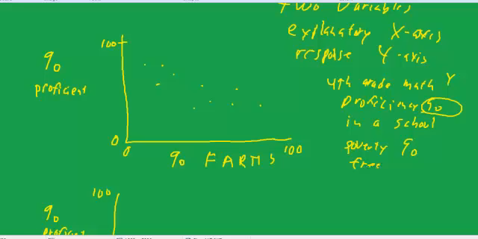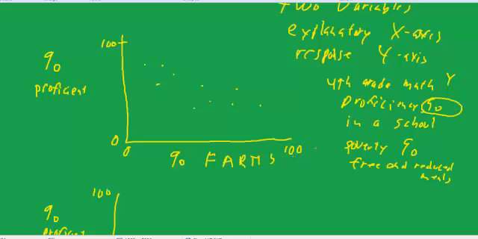They actually use the acronym FARMS around here to stand for free and reduced meals. So if your income is such that the student is eligible for a free or reduced meal at lunch, that's an indicator of poverty, and the schools around here keep statistics about what percentage of their students are FARMS students.